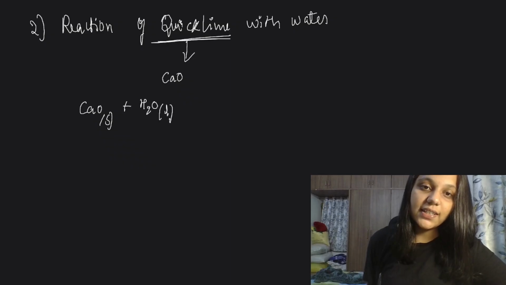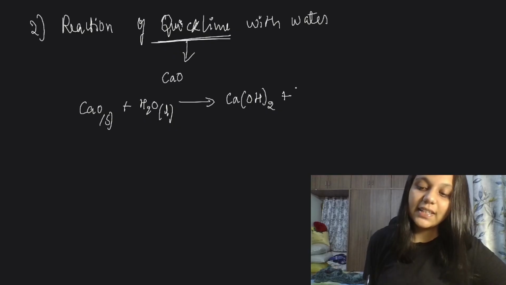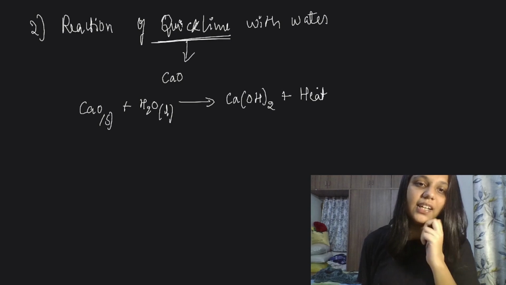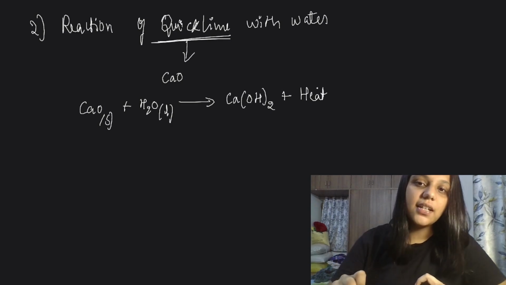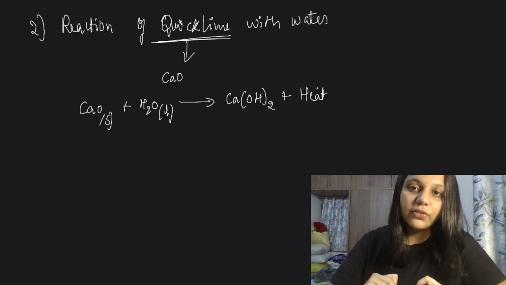Water, we know, is a liquid. So that gives us calcium hydroxide, plus there is a formation of heat here. Let me give you a hint. In the olden days, on the walls they applied a white paint which was prepared at home itself.